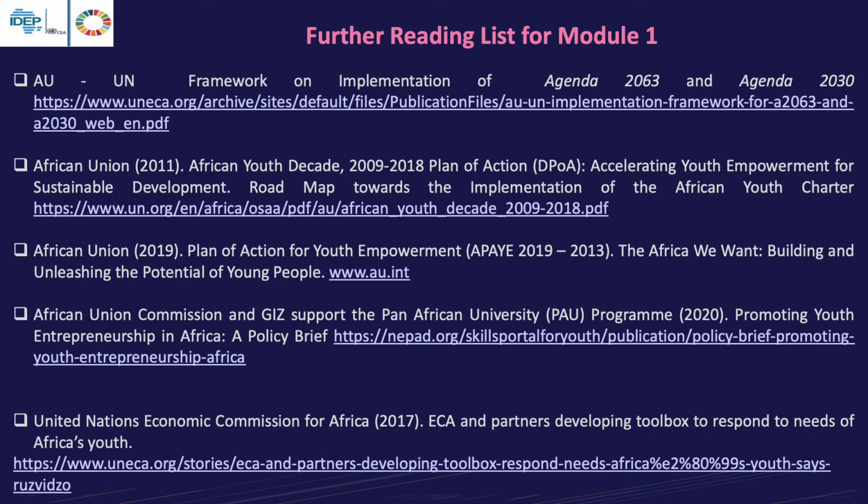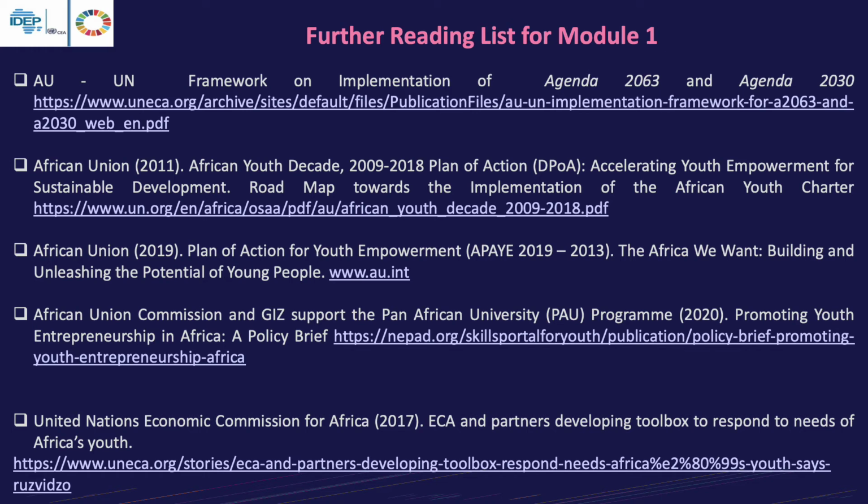So for your further reading, it will be very important as you prepare for the quiz and also to enrich your work in the field that you study: the AU-UN framework on implementation of Agenda 2063 and Agenda 2030. The link is provided. The African Youth Decade, which I mentioned, the African Union Plan of Action, the very important APAE.